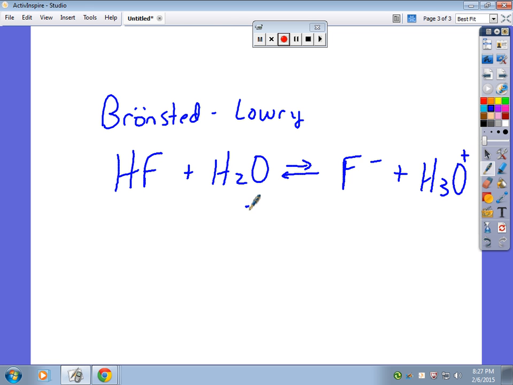And this is a liquid, this is aqueous, this is aqueous, and this is aqueous. We don't need to worry about that right now. But let's look and see what happened. I need to tell you what the conjugate acid, the conjugate base, and the acid and the base are.